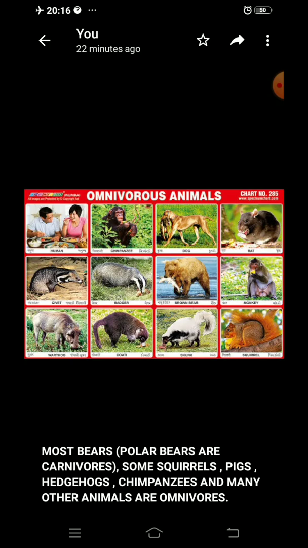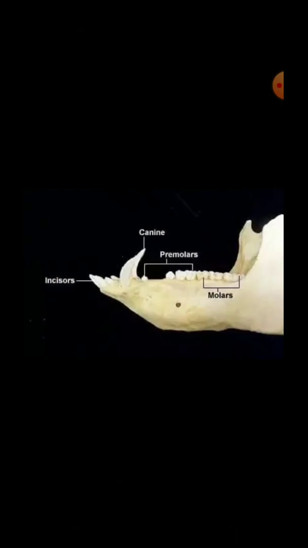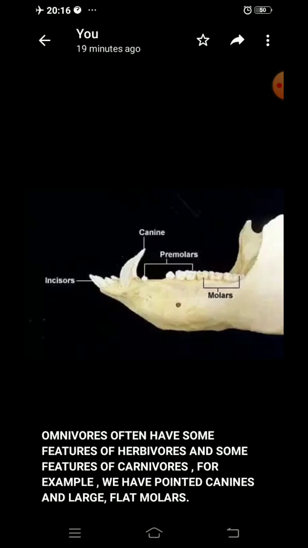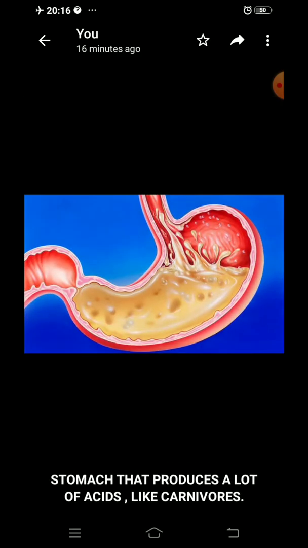Some squirrels, pigs, hedgehogs, chimpanzees, and many other animals are omnivores. Omnivores often have some features of herbivores and some features of carnivores. For example, we have pointed canines and large flat molars. We have a long intestine like herbivores and a stomach that produces a lot of acid like carnivores.